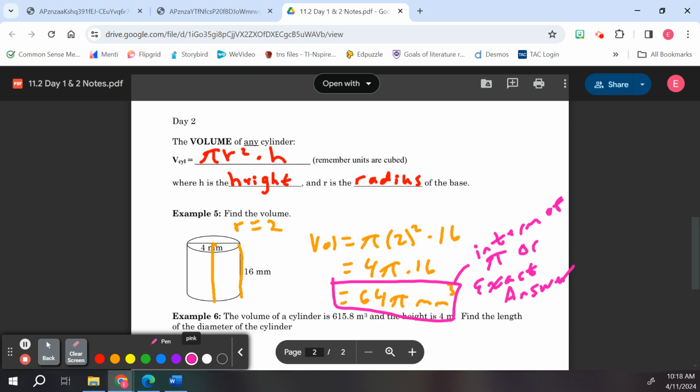The other thing they have here: in order to approximate the answer, you would take your calculator, type 64 times, and hit the pi button. So what's 64 times pi rounded to, say, the hundredth or the tenth? What do we get?